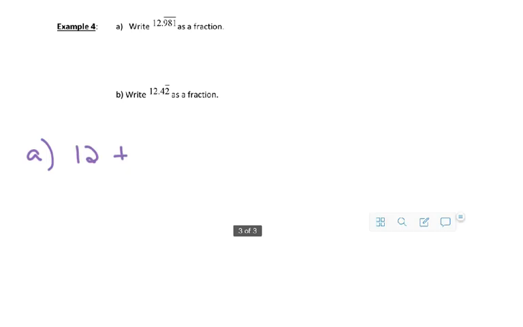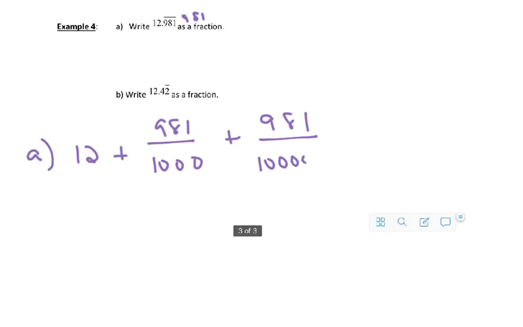So 0.981 is also known as 981 thousandths. Since it's repeating, that means it's repeating the 981. So if I put another 981 after that, how many more decimal places will I go? Well, I'll go 3 more after that. Look what I did.